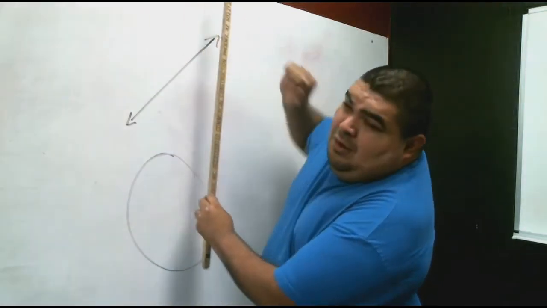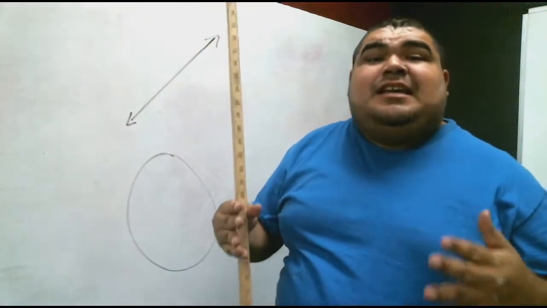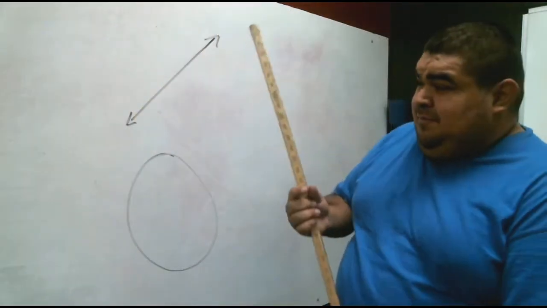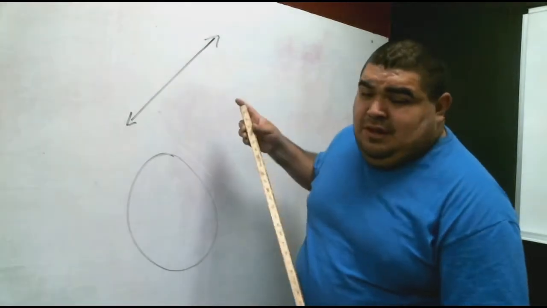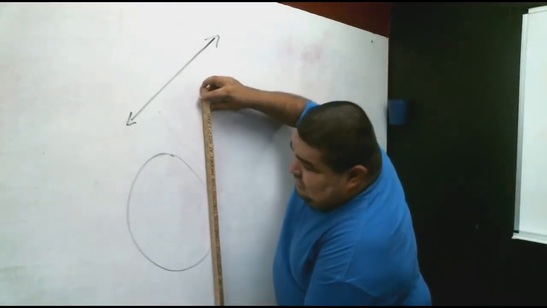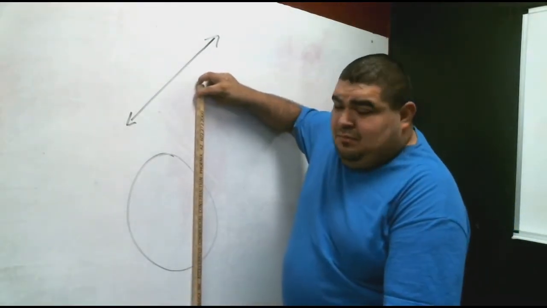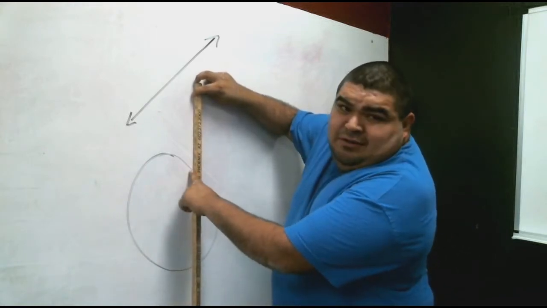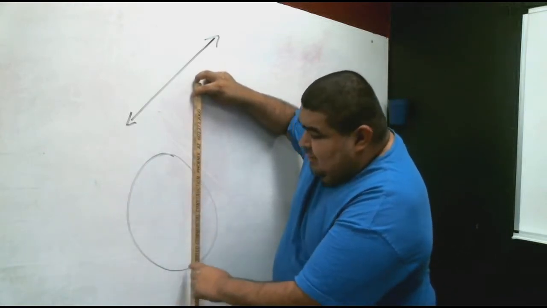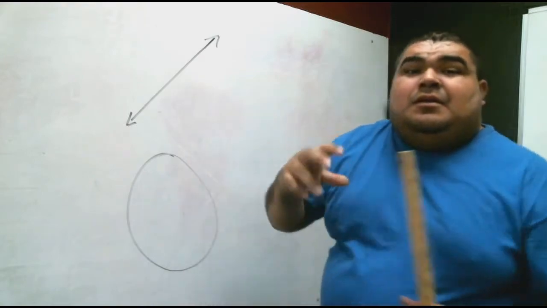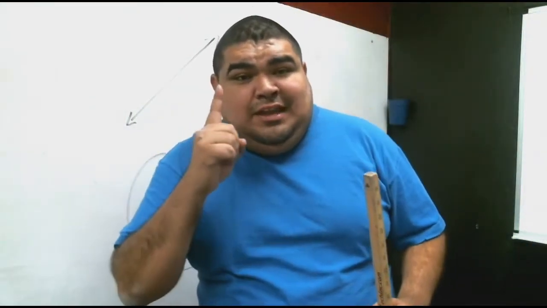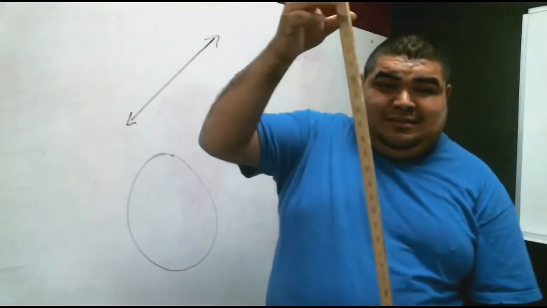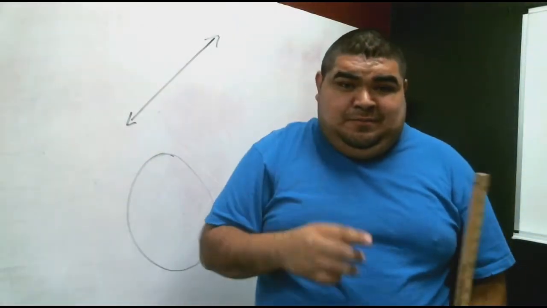That means that it is a function. When it's not a function, think of a zero. When you start doing the vertical line test, notice that you're already touching on top and on the bottom at the same time. That is not a function. In order to be a function, it only has to touch your vertical line test once.